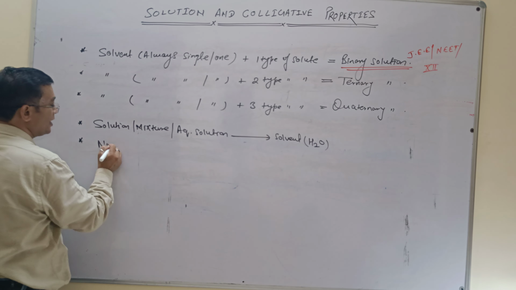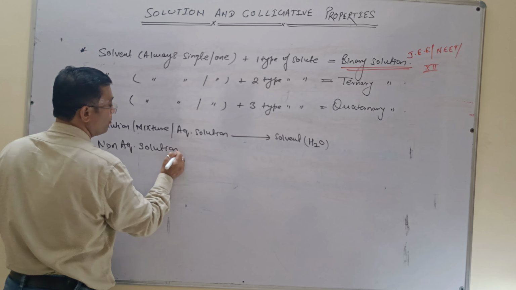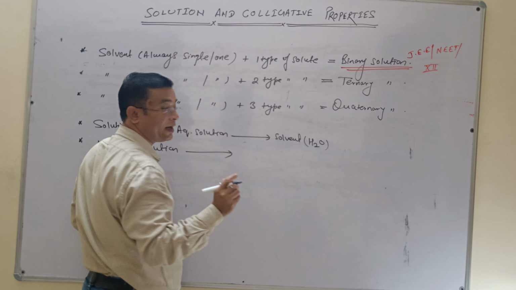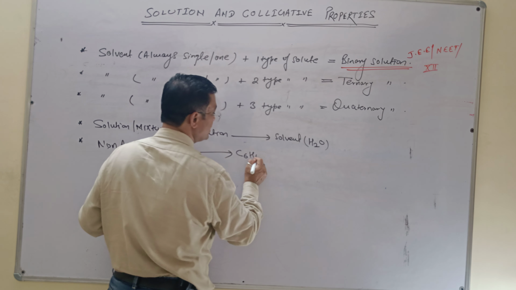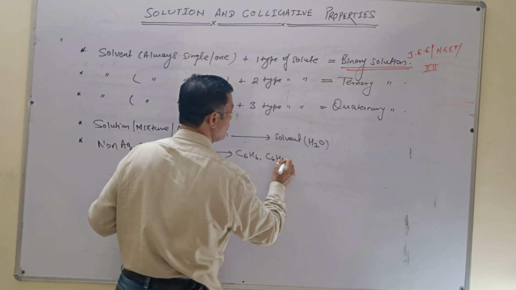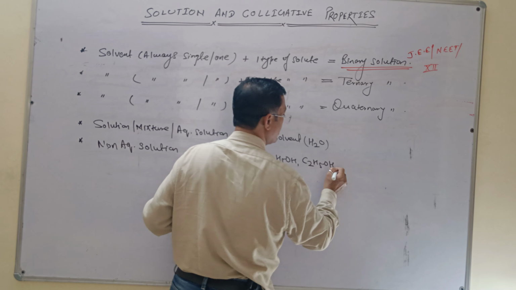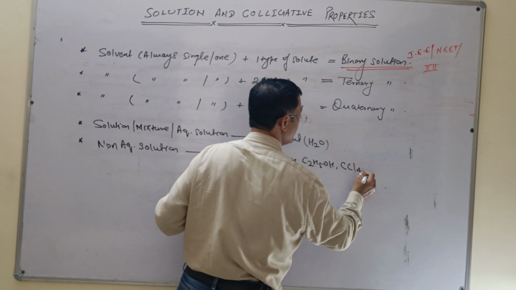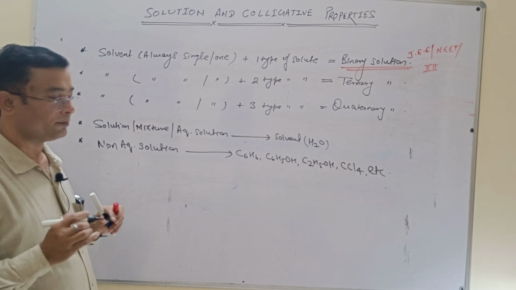But if there is a non-aqueous solution, meaning the solvent component is not water, then the solvent component may be benzene, phenol, ethanol, carbon tetrachloride, acetone, ether, anything it may be.